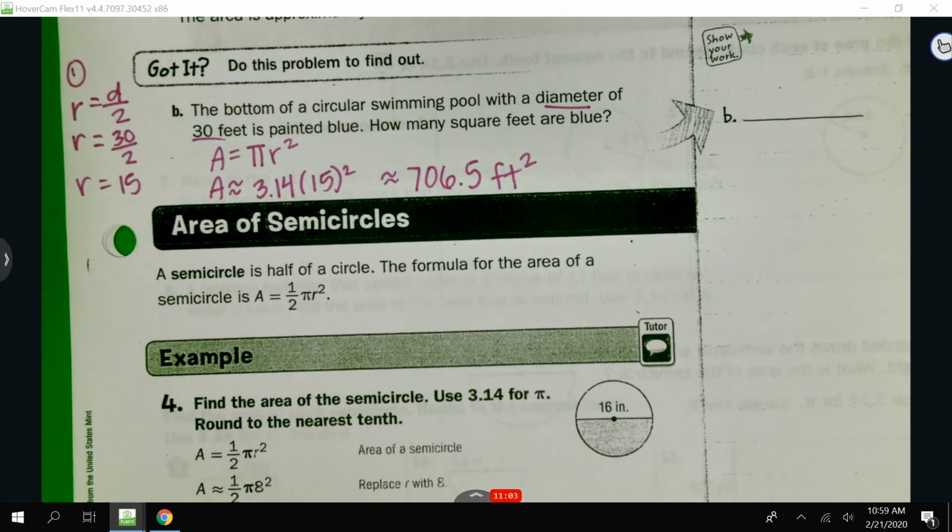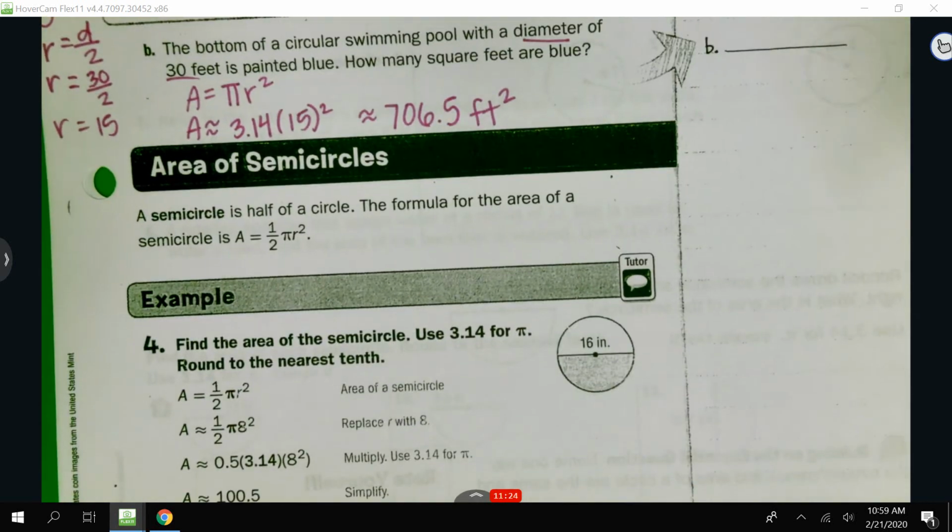Yes, sir. When you're finding your radius and it just gives you the diameter, can you just skip all the writing and just do 30 divided by 2? Fine with that. We good?